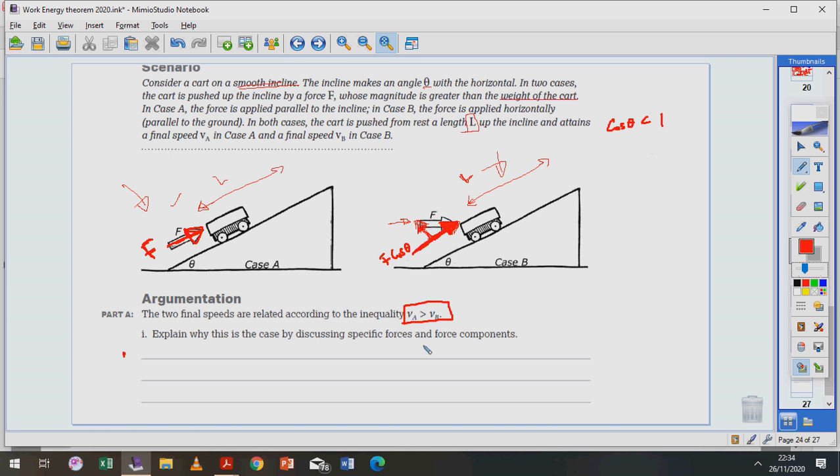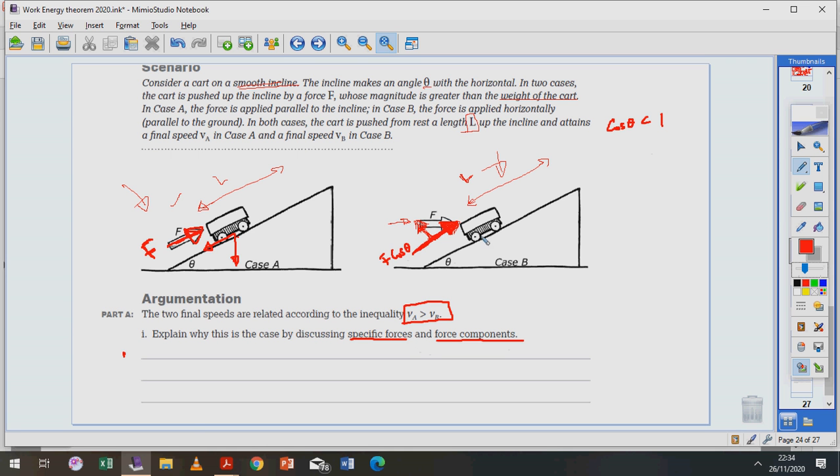So first of all, I have used the force components of the force itself and the specific force to discuss that idea. The other thing that I know is that this cart has a component of the weight, because remember the weight is acting downwards. It has a component of the weight called mg sine theta that's acting down along the plane.